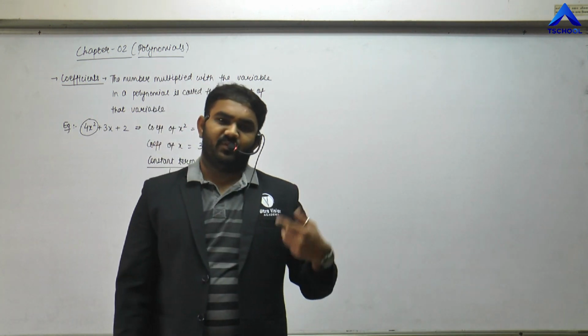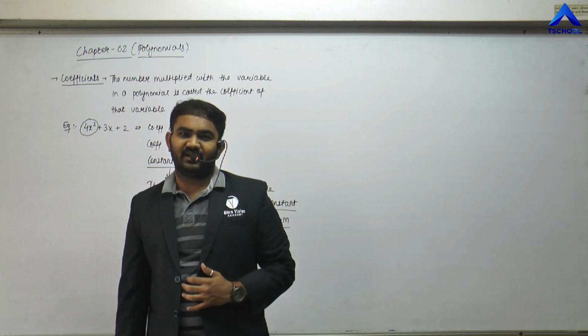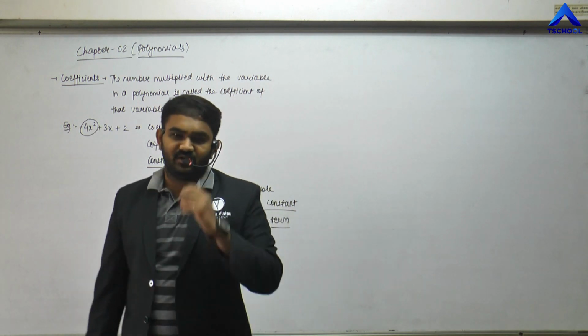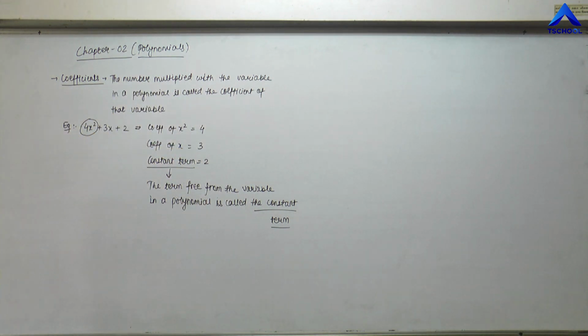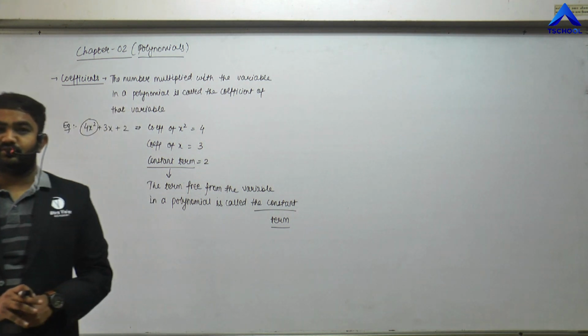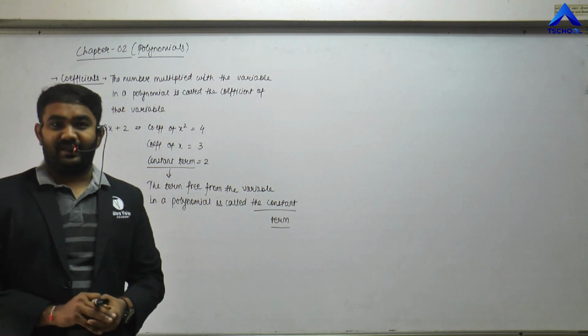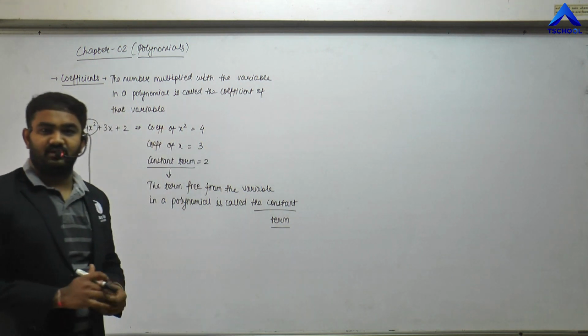Each and every person has a unique identity, that is his or her name, right? Similarly, a polynomial also has a name. If I want to say that this is a polynomial, I cannot simply write down the whole polynomial and say that this is a polynomial here, right?